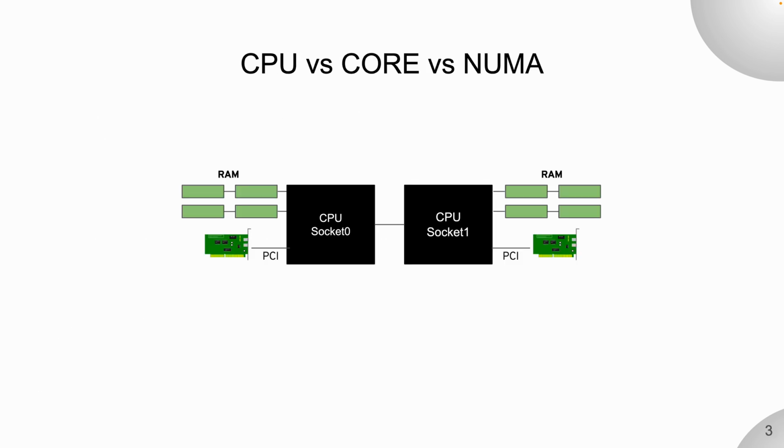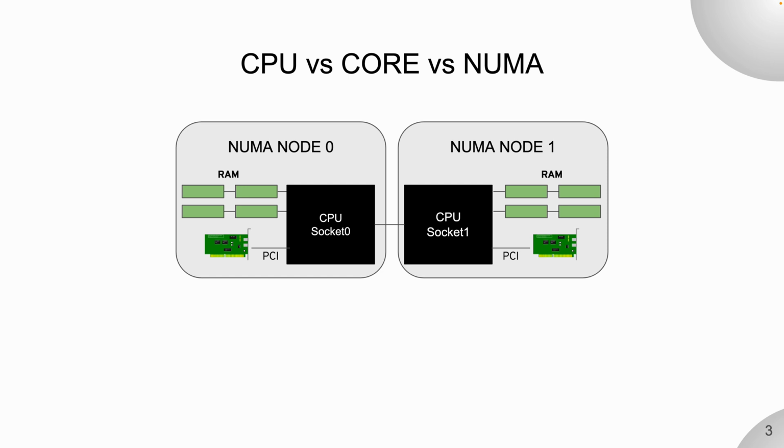Okay, let's have a look at a typical server that is part of our data center on which we run Red Hat OpenShift. Those servers are usually dual sockets, and each socket has memory and devices attached. That's what we call NUMA node 0 and NUMA node 1.